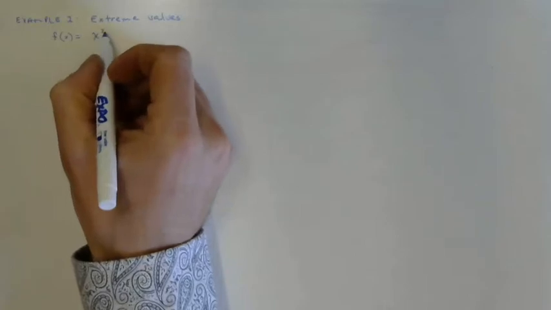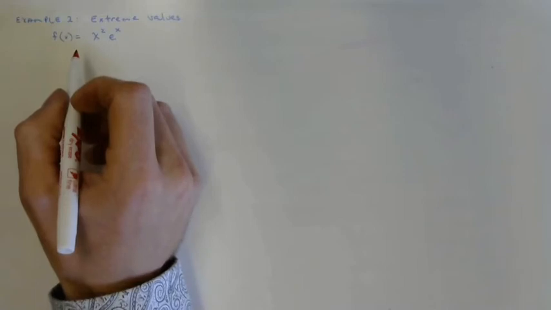And we're going to identify the local extrema of f of x equals x squared times e to the power of x. Okay, so this is familiar. We've done things like this a whole bunch of times.